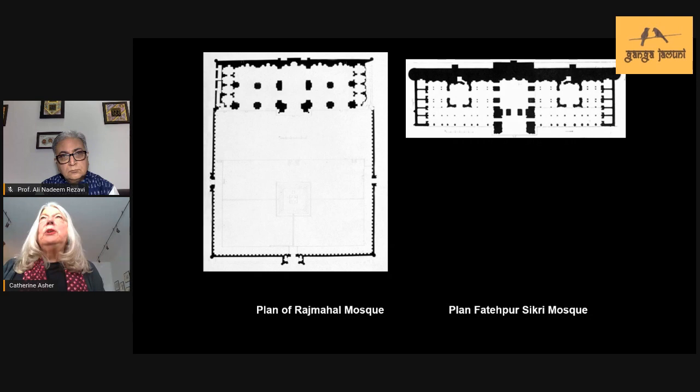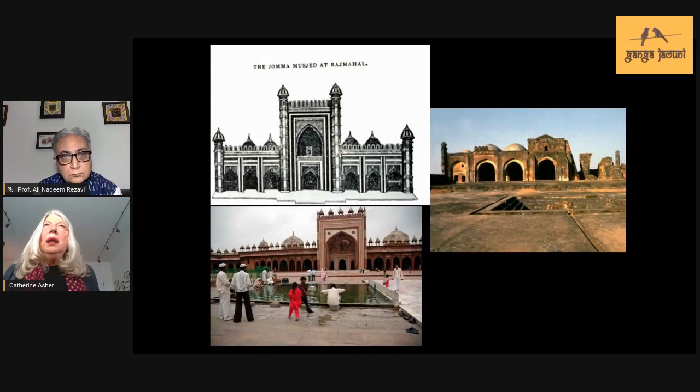The mosque at Fatehpur Sikri, I agree, is more complex, but remember, we're in the hinterlands here. But we can see that the plan with its double-aisled and large single area with its galleries on either side is basically similar.